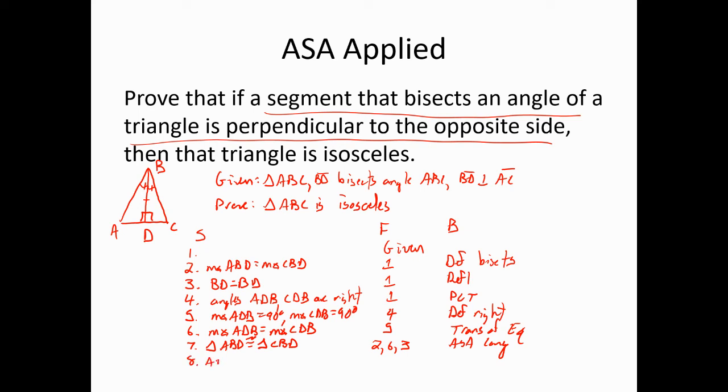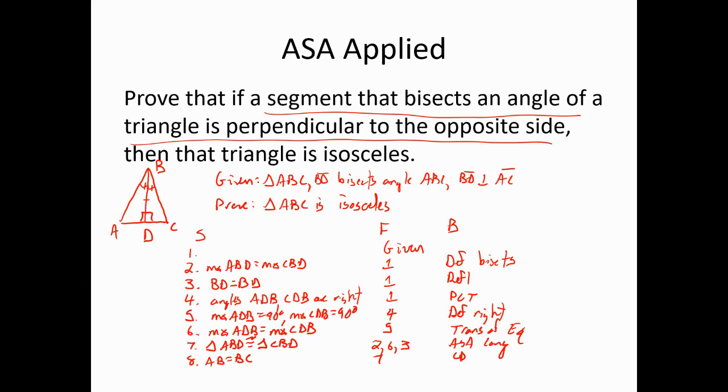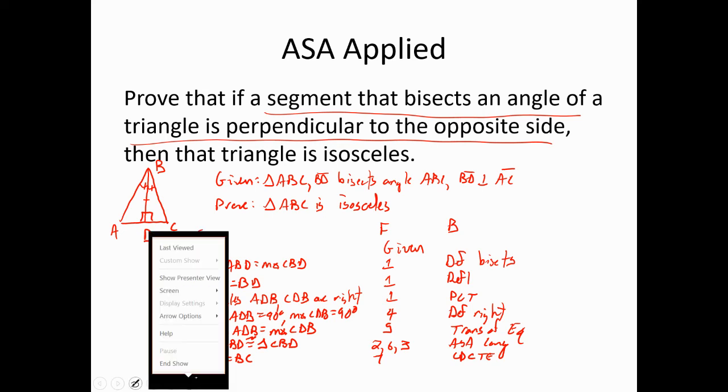And then it follows that AB, this is a bit of a complex proof, isn't it, that AB is equal to BC. That's, of course, CPCTC, corresponding parts of congruent triangles. And then we now have a triangle ABC with a pair of equal sides.